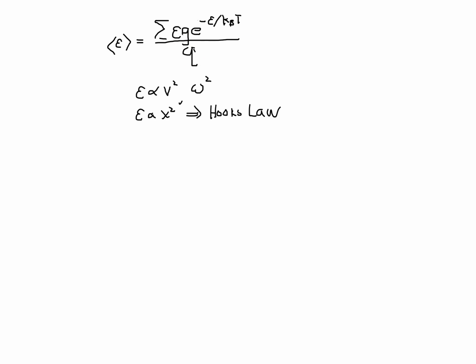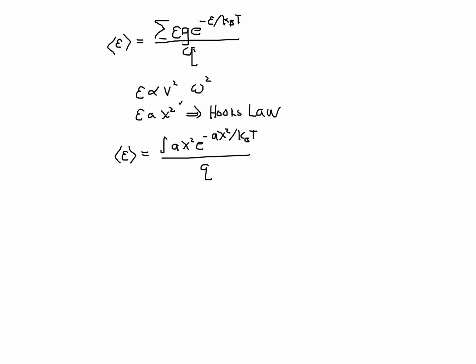Thus, the energy for any of the motions is dependent on the square of some parameter, whether that's velocity or position. If we replace the energy in our expression for the average energy with ax squared, since the energies are all proportional to something squared, we get the following expression.